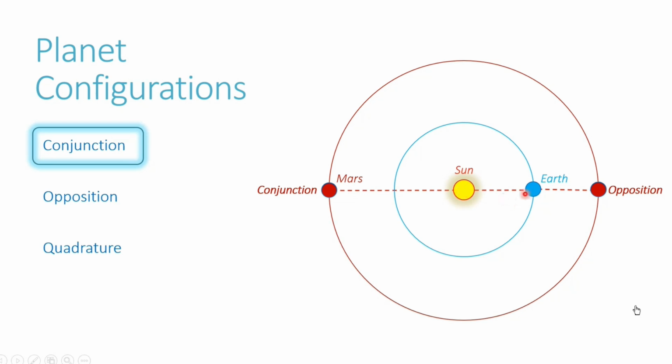The sun is in one direction and the planet Mars is exactly in the opposite direction. Now this particular orientation is called opposition. We say the planet Mars is in opposition to the sun. So opposition basically means that that particular planet and the sun are in totally opposite directions.